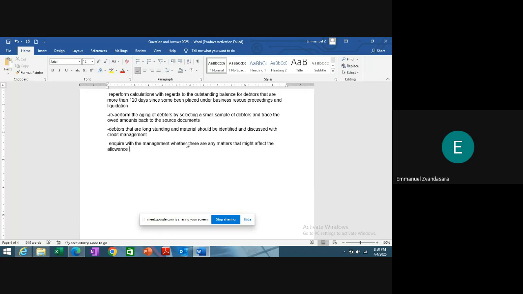The allowance, since we are dealing with the bad debts, that is the allowance. Okay.